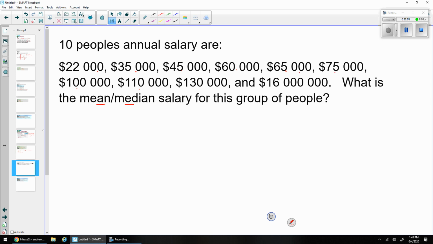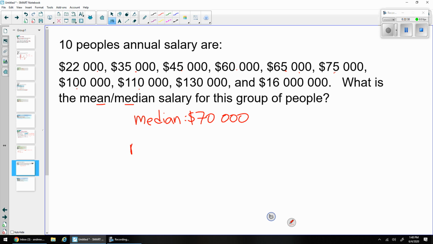So here's between 5 and 6. So the median is between 65,000 and 75,000, which is 70,000. Which seems like a pretty reasonable representation of what most of these people in this group are making.